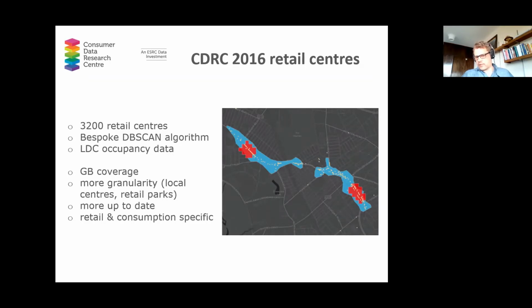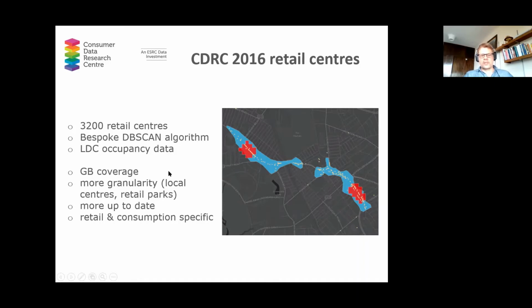In some cases, like Allerton Road in Liverpool, about 50% or more of retail units weren't captured in those areas. For these reasons, the CDRC centers were much more useful, as they had much more up-to-date extents based on the actual retail units.